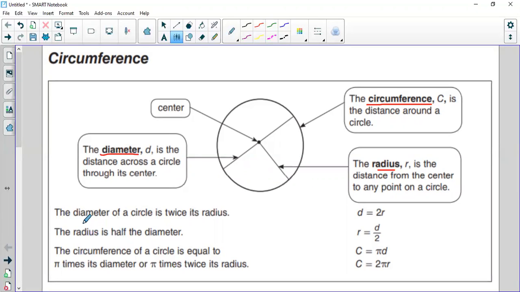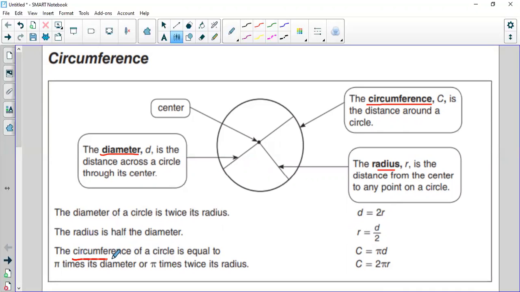So a couple little formulas. The diameter of a circle is twice the radius. Diameter is 2 radii. If you know the radius, multiply it times 2, it tells you diameter. And the reverse of that, if you know the diameter, you would divide it by 2 to get the radius. The radius is half of the diameter. Sometimes you'll be given a radius, sometimes a diameter, sometimes you want one or the other. And we've got some formulas for circumference.